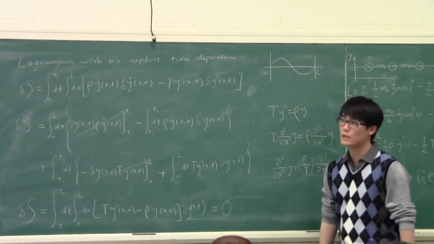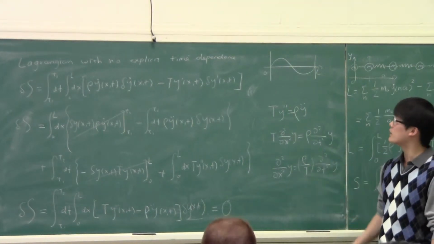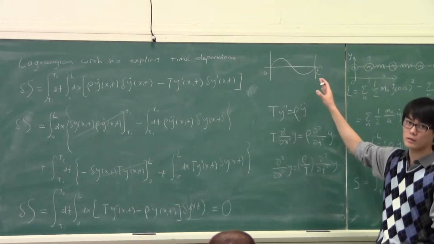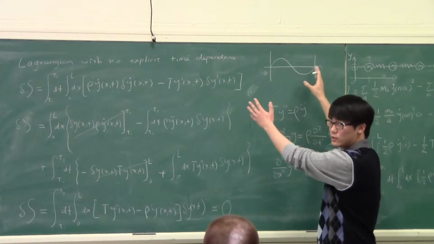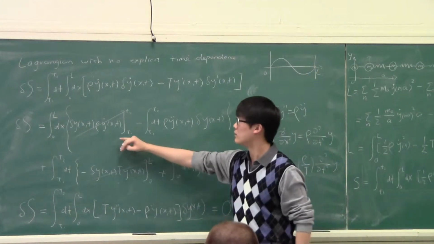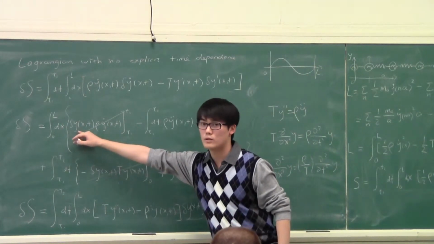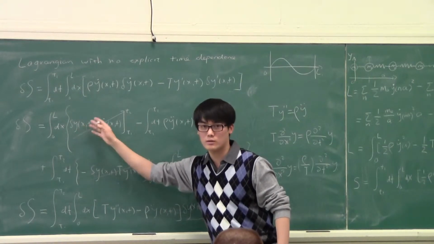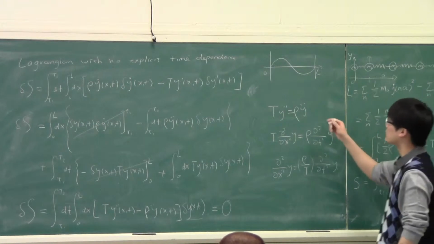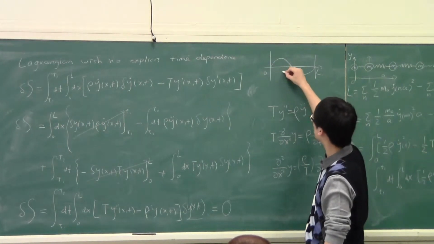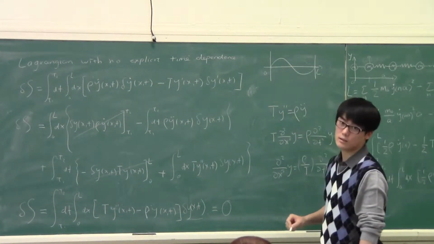Let's say that at some time t1, I take a snapshot of the string, and it looks like this. So I require that the string looks like this at t1. So the variation in the string will be 0 at t1. This is one requirement. And then at a later time, I take another snapshot, and maybe the string now looks like this.